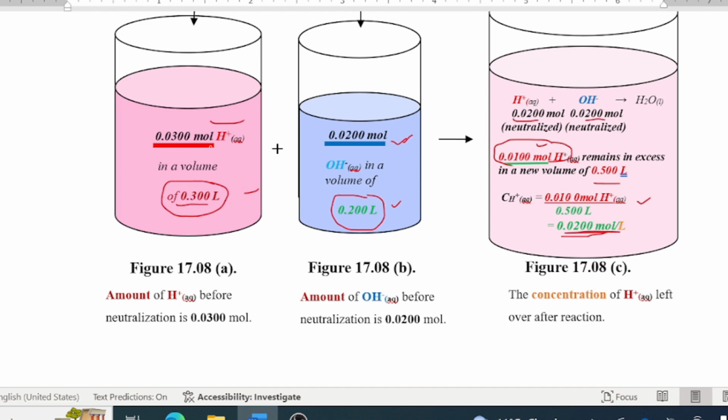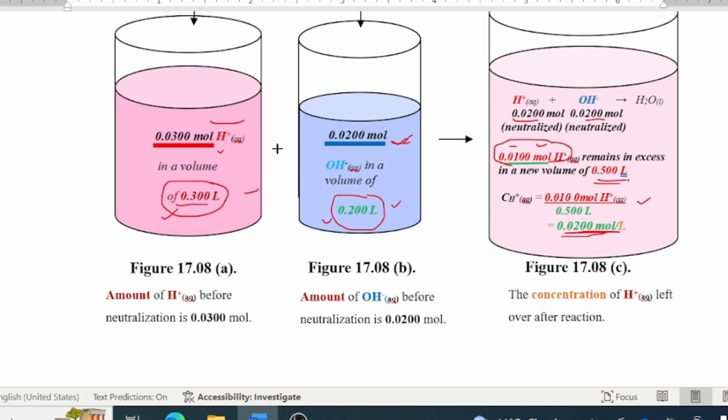The number of moles in the original acid is this. When you add that number of moles of OH, it neutralizes the corresponding number of moles of hydrogen ion, and you're left with that amount there. But now, because you're adding that volume to that volume there, you end up with a new volume of 0.5 liters here.